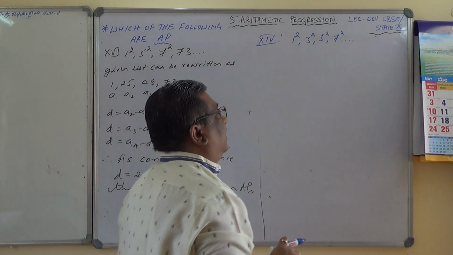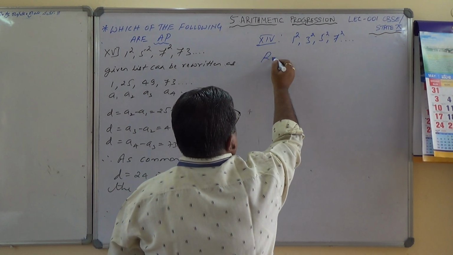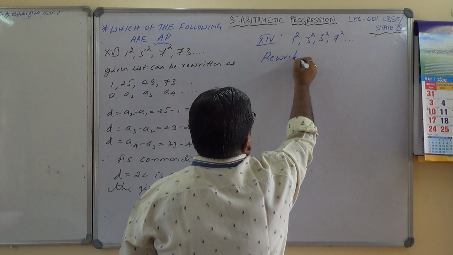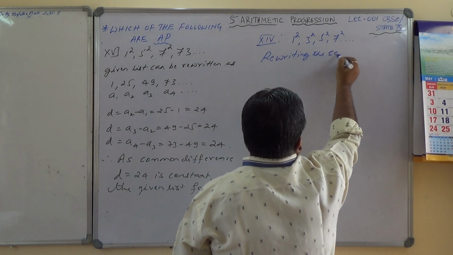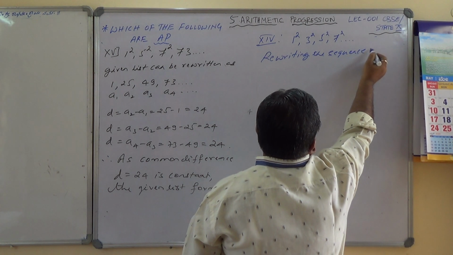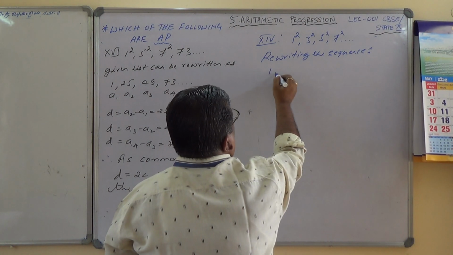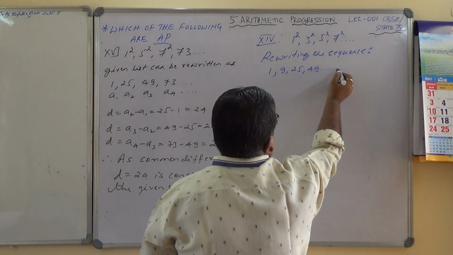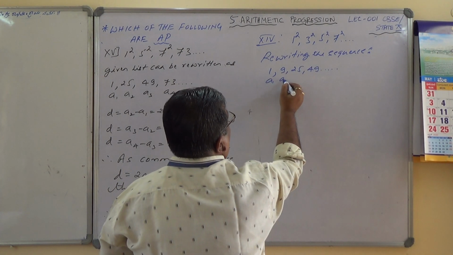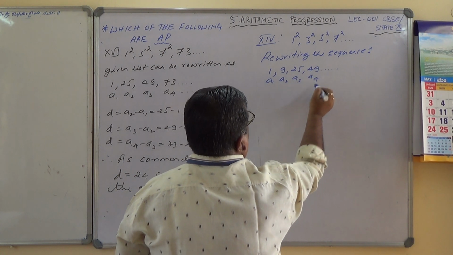So expand it and write it. Therefore, rewriting the sequence: 1, 9, 25, 49, dot dot dot. So let this be a1, a2, a3, a4.